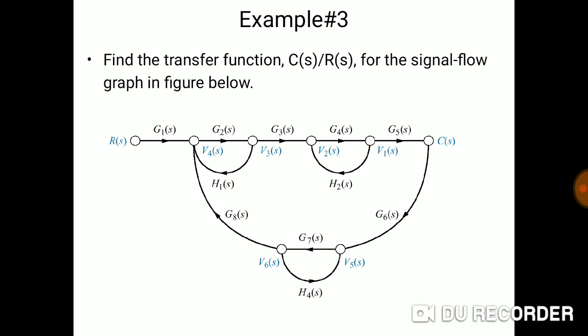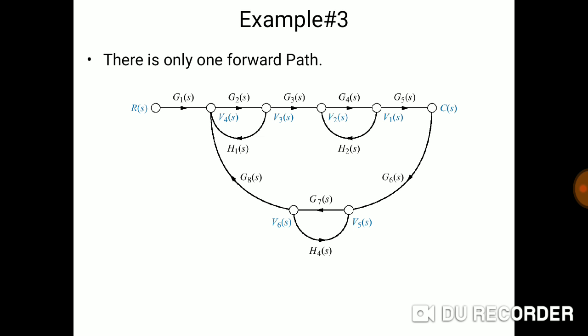Next example: find the transfer function C of S divided by R of S for the signal flow graph in the figure below. There is only one forward path in the diagram, that is G1(S) G2(S) G3(S) G4(S) G5(S).